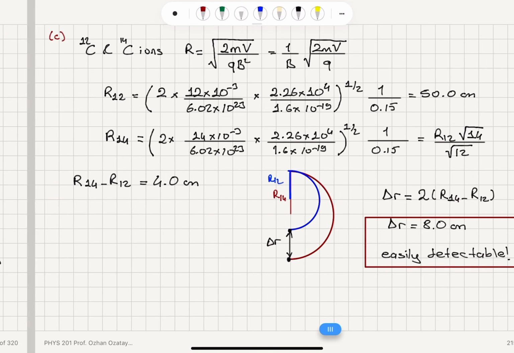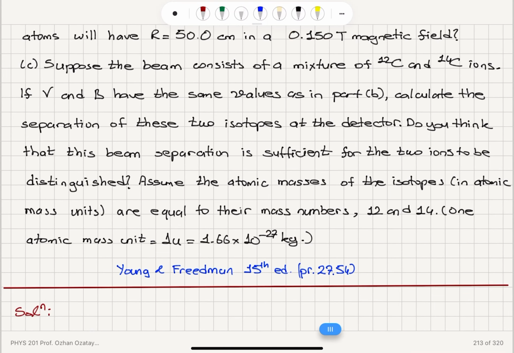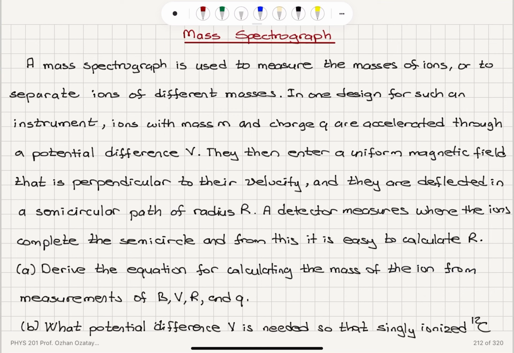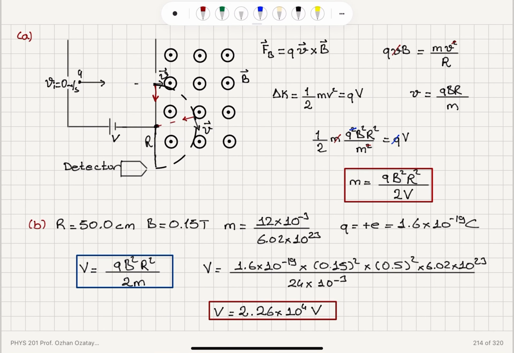All right. So in the case of the mass spectrograph, we're using equipment which measures the masses of ions by accelerating the ions through a potential difference, and then they enter a region with uniform magnetic field perpendicular to the velocity of the ions, so that they draw a semicircle and are detected by a detector at the end.